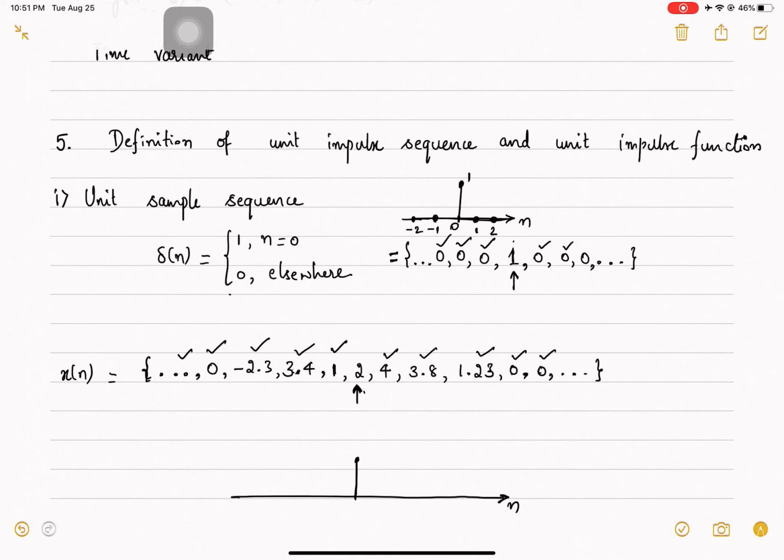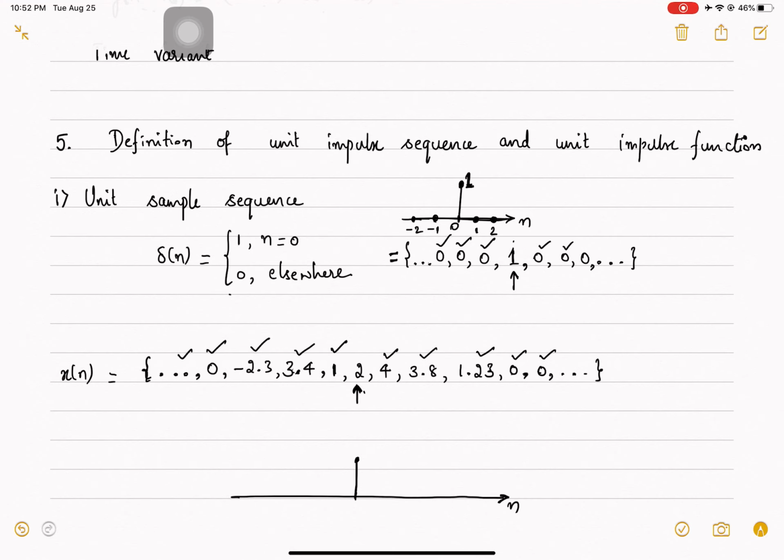Discrete time sequences are nothing but a sequence of numbers. They are represented like this with a dot on top, and the value of the function at the corresponding index is written here.